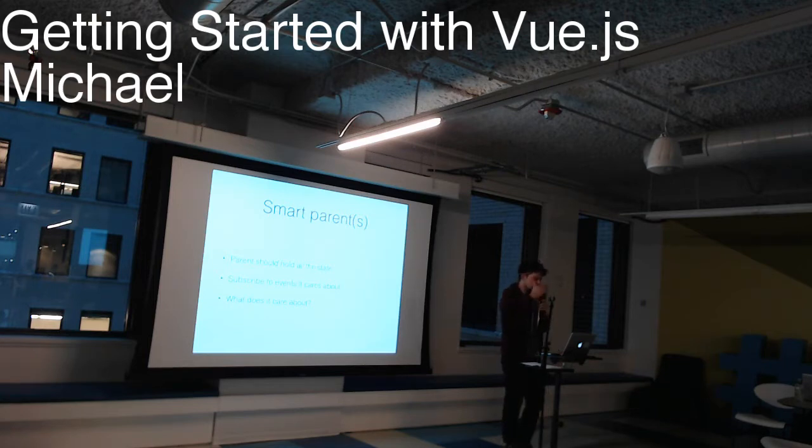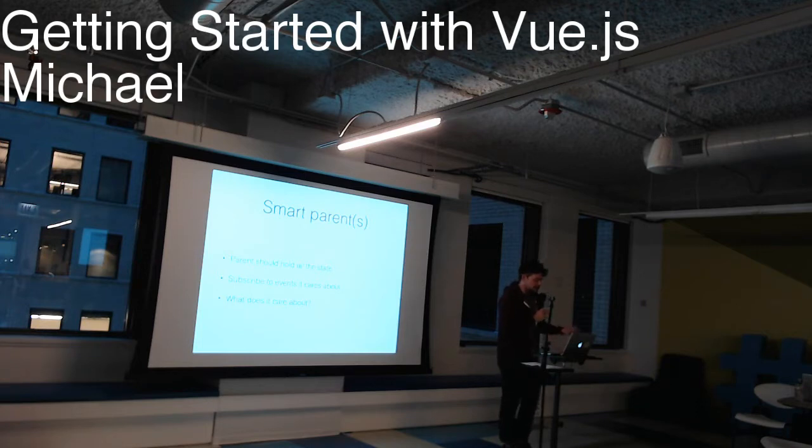So again, we go back to the notion that we're emitting events up and sending data down, and a parent should subscribe to the events that it cares about. What if a child is emitting an event that's meant for another child, or the parent doesn't necessarily care about this component or this action?